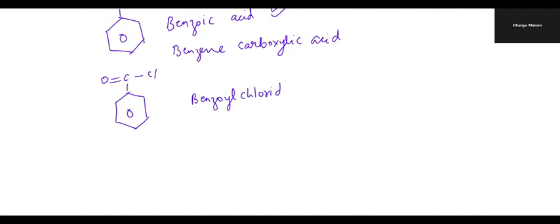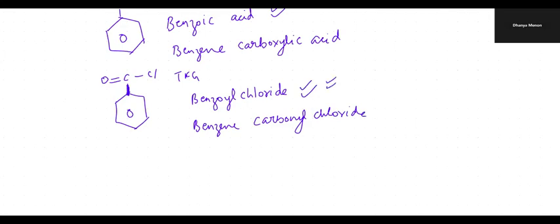But because this is also a terminal functional group, and the carbon is directly connected to the ring, and it cannot be numbered, it is also called benzene carbonyl chloride. This was also discussed in one of the videos. But the more common IUPAC name is benzoyl chloride. You will come across mostly this name in textbooks, benzoyl chloride. Okay.